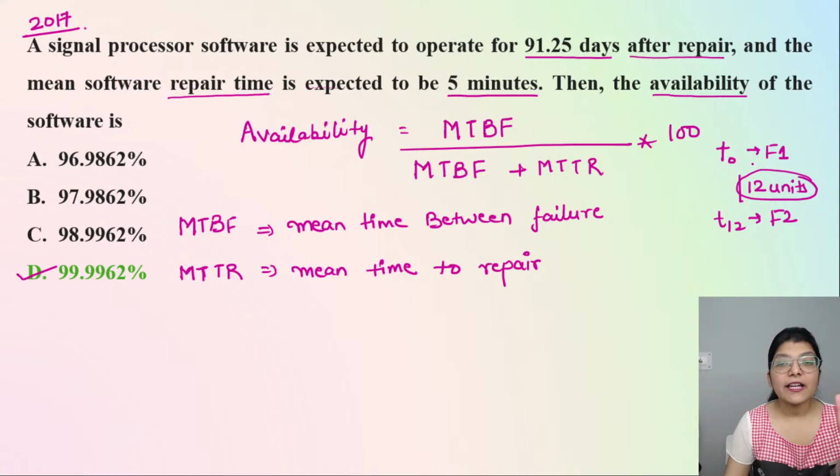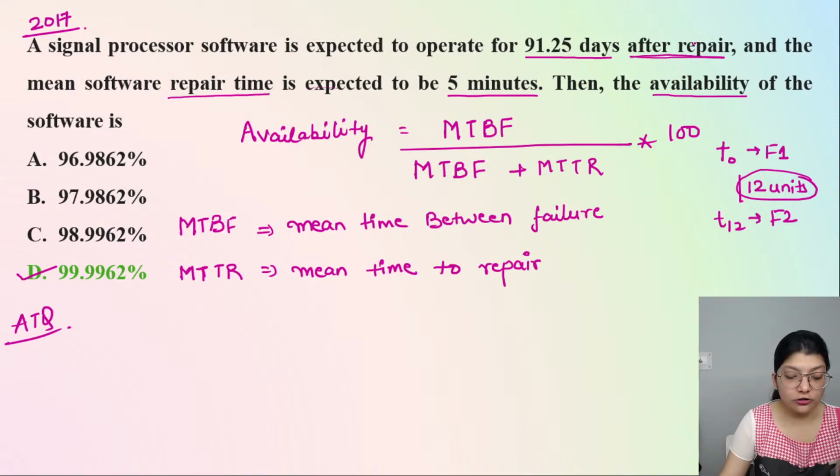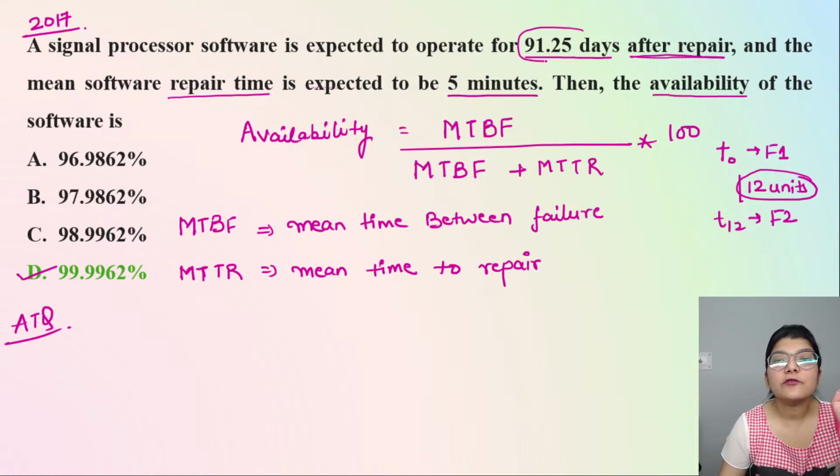That is, how much time it takes for a failure to occur, the difference between the 2 failures. Now if I look at this question, according to the question, they are saying that a signal processor software is expected to operate for 91.25 days after repair. This means that after your software has been repaired, it operates for 91.25 days, and then your next failure will occur.